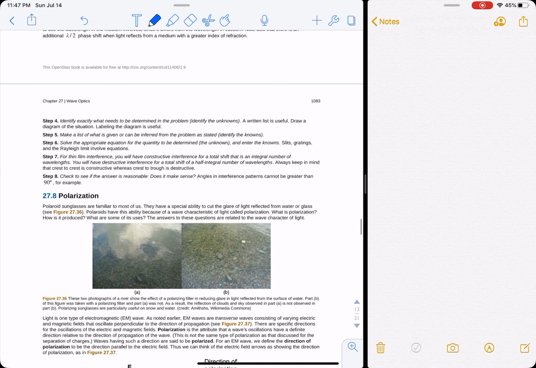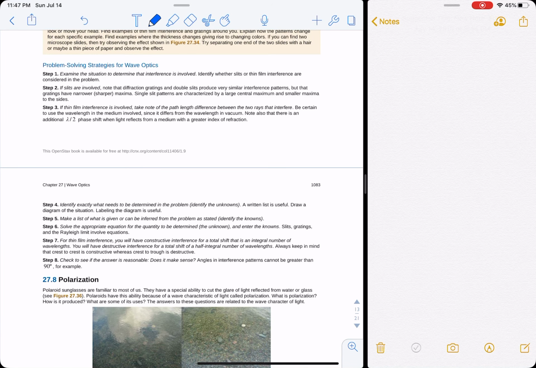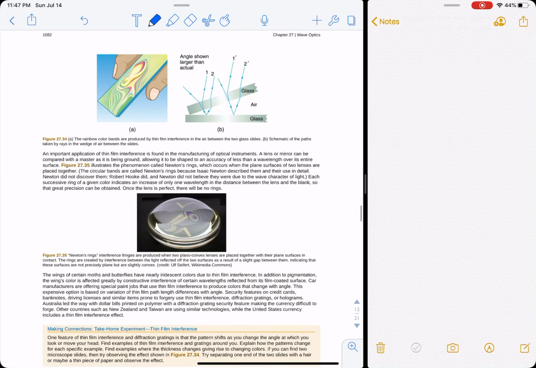So again, it's all about path length differences. We're not really going to do problems like this. They're pretty hard, actually. So we're not going to worry about it, but you should think about what's going on there to get that interference.